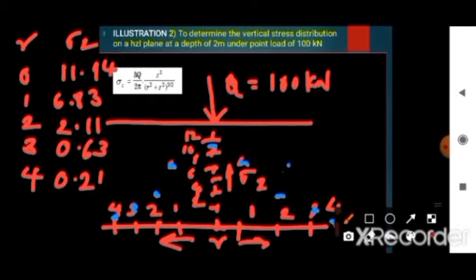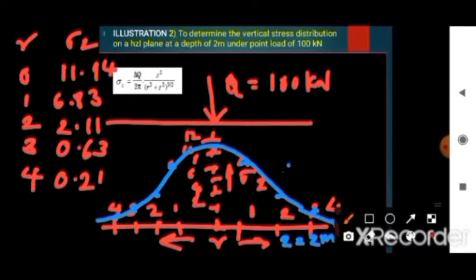Now if we join all such points, this is going to be the vertical stress distribution diagram on the horizontal plane at a depth. You can mention here z is equal to 2 meter.